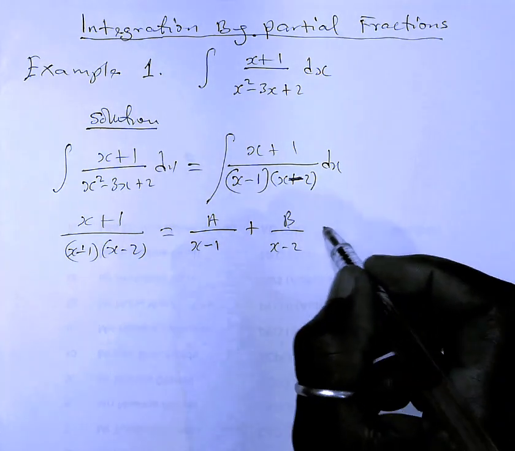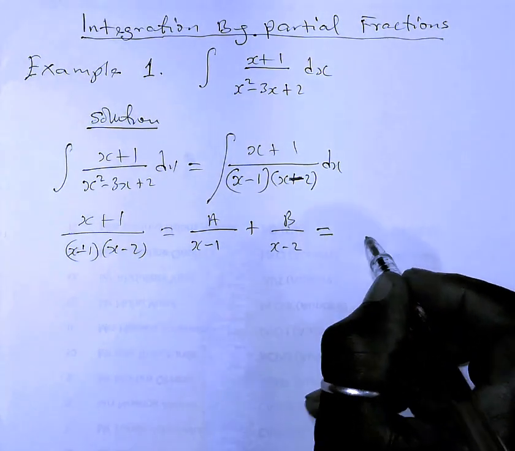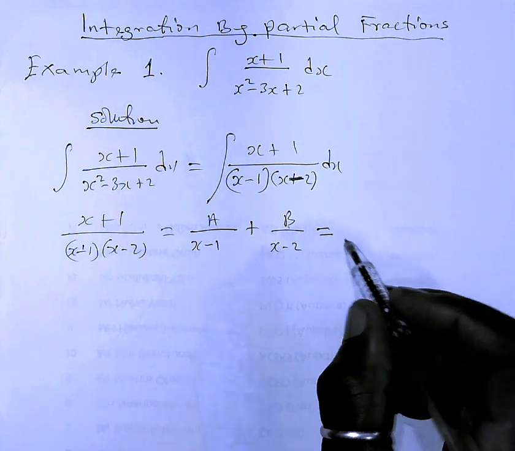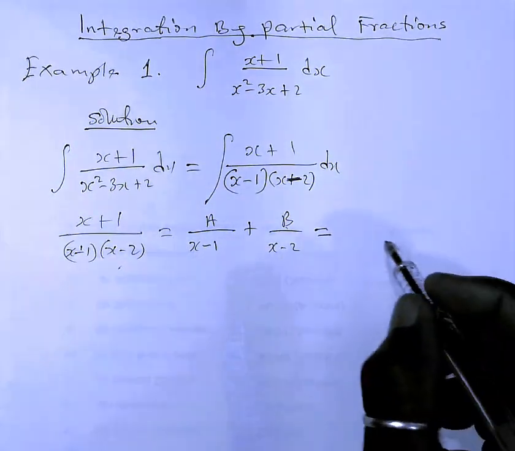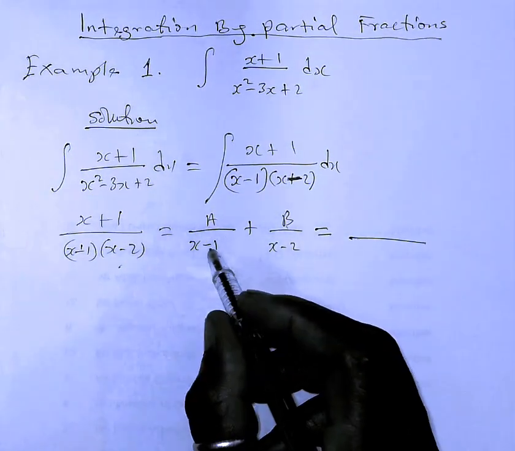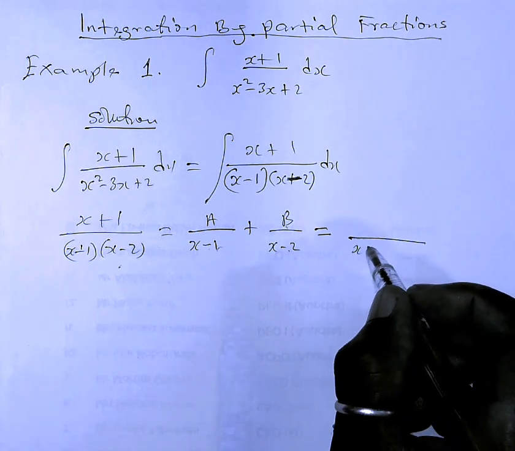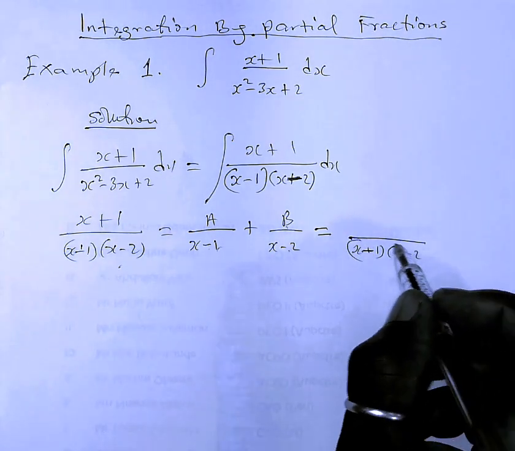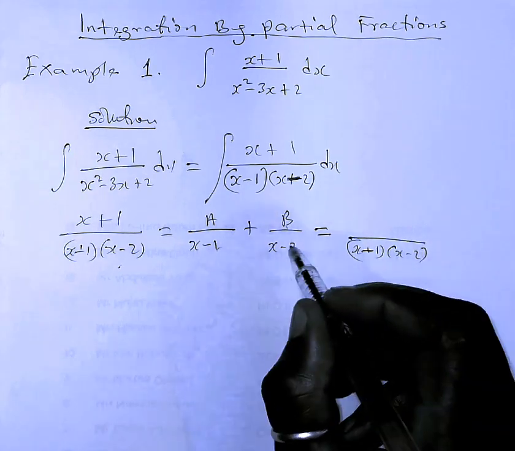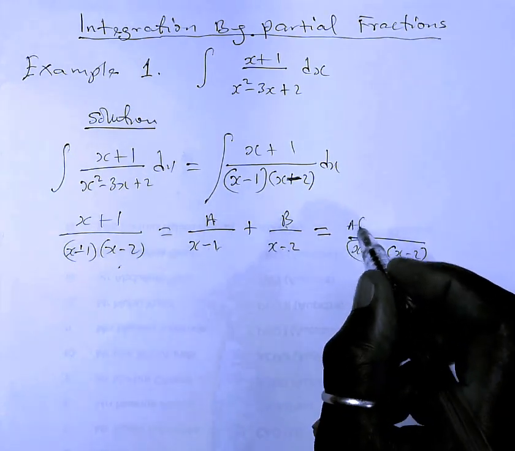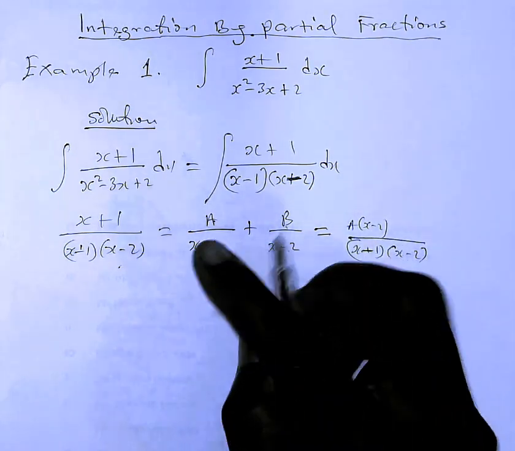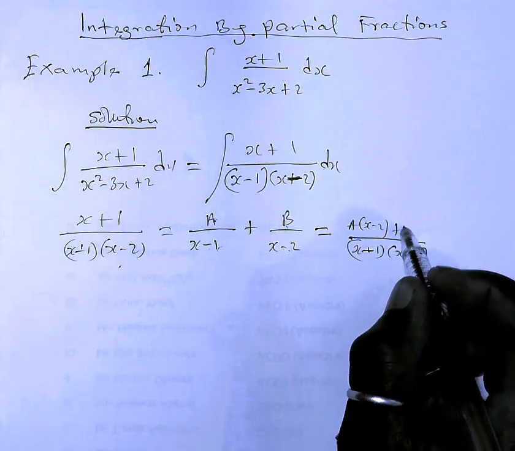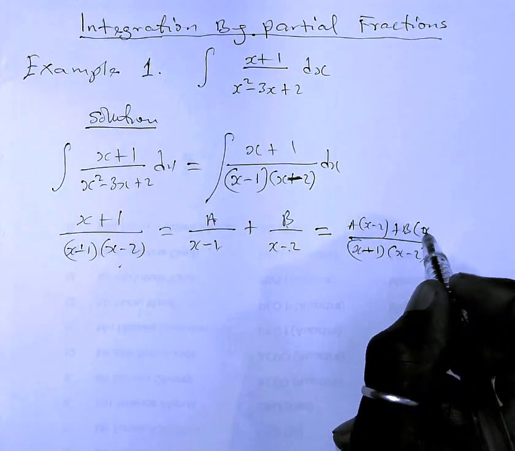To do this, we take the LCM, which is (x minus 1)(x minus 2). By implication, this gives us A(x minus 2) plus B(x minus 1).